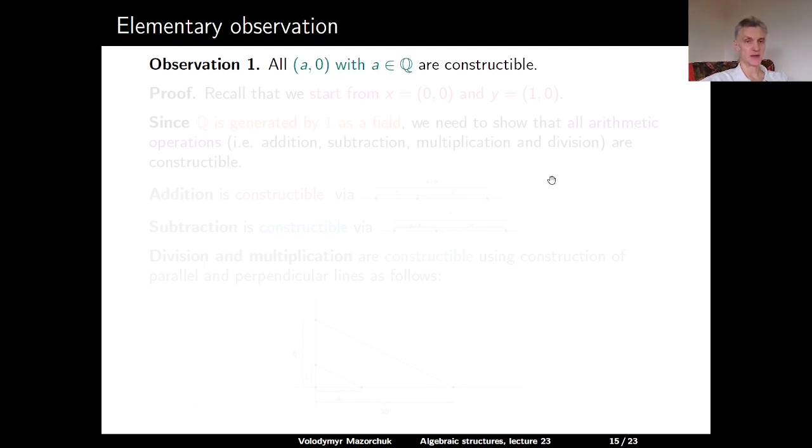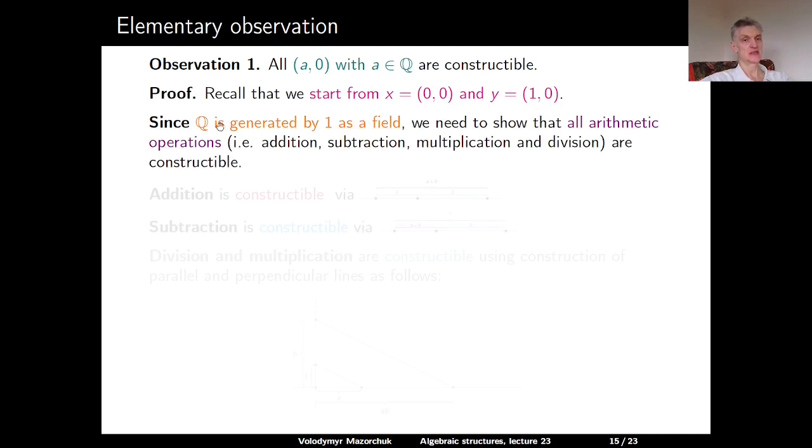Elementary observation 1. All points (a, 0) where a is a rational number are constructible. Proof. Recall that we start from x which is (0, 0) and y which is (1, 0). Since Q is generated by 1 as a field, we need to show that all arithmetic operations, that is addition, subtraction, multiplication and division, are constructible using ruler and compass.